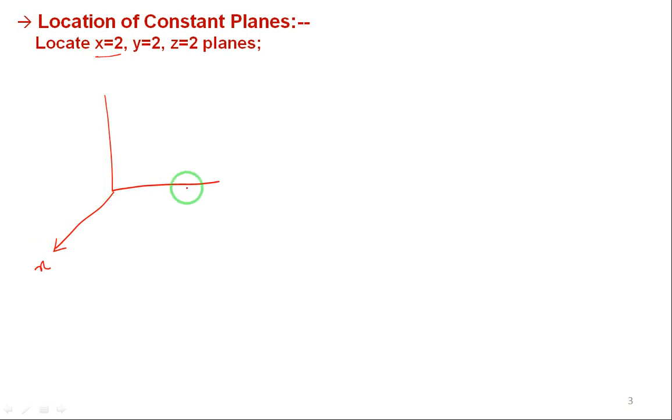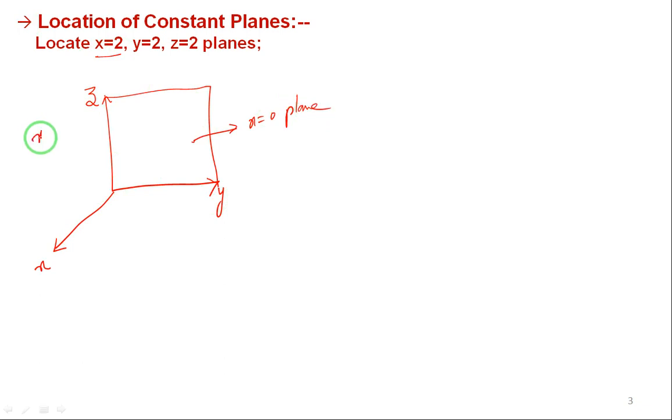X, y, z. Okay, x equal to 2. So the x equal to 0 plane is this. Let me draw this line. This is the x equal to 0 plane.